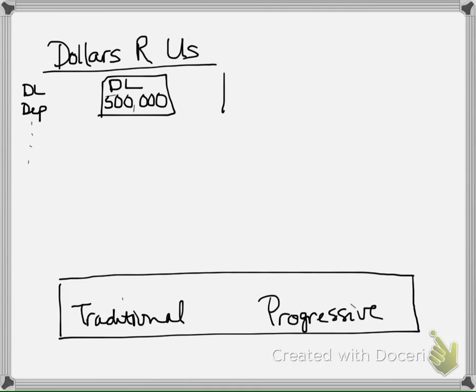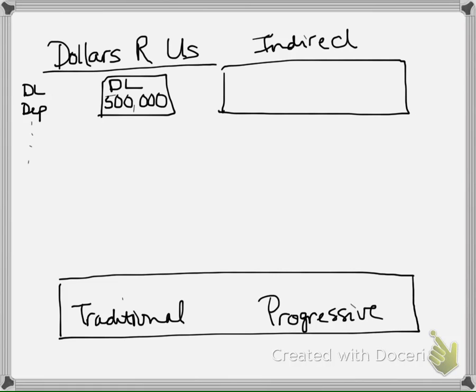I also have all these other indirect expenses. And right now, I have no reason to believe that they're separated from each other in some sort of manner. So I'm going to lump them all together, and I'm going to refer to them as overhead. Overhead is just another word for indirect expenses.